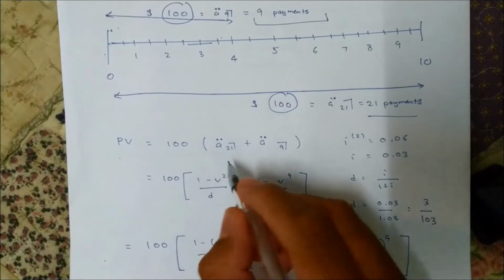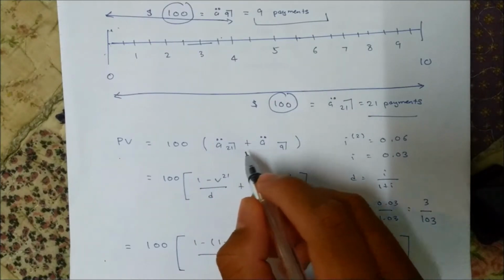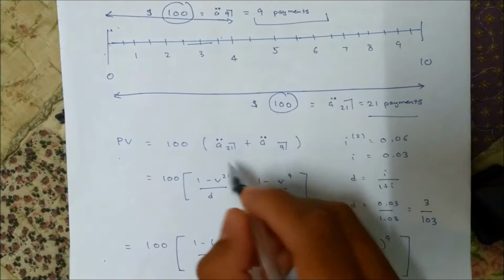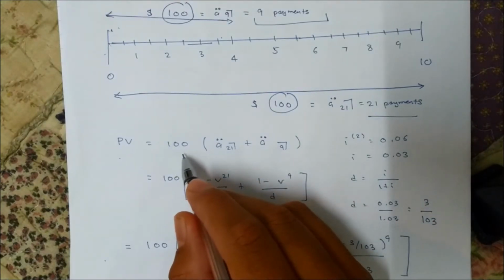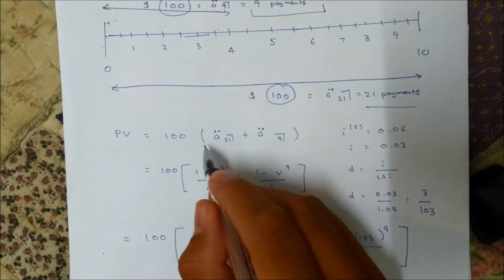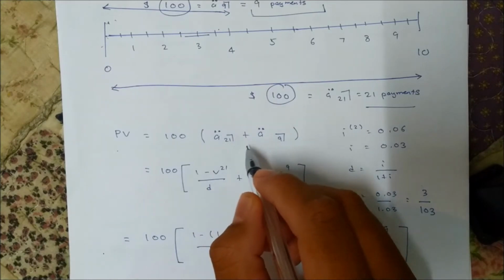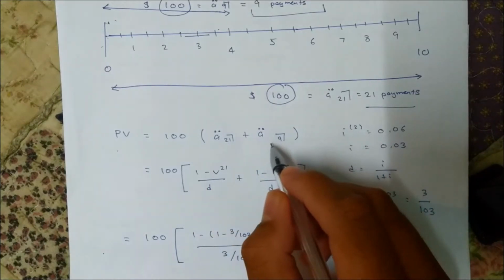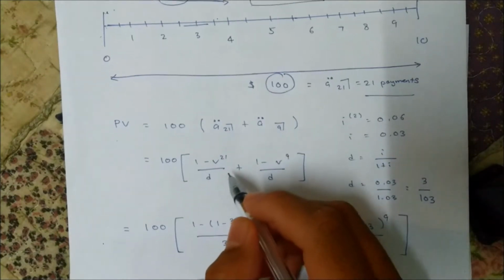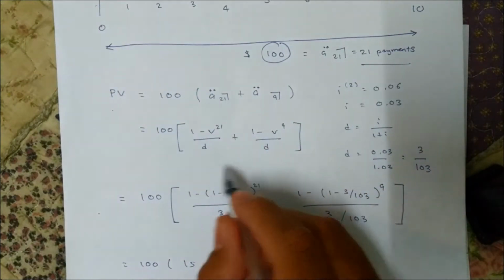So to calculate the present value, we can easily sum up the two series of payments, and the formula will be formed like this: 100 times (a double dot angle 21 plus a double dot angle 9). So here is the calculation.